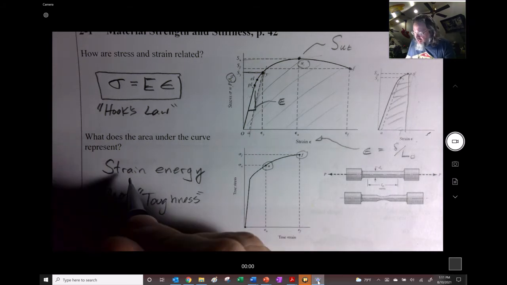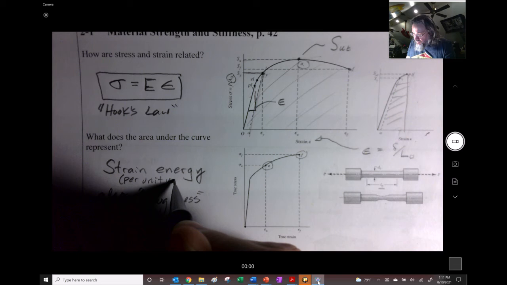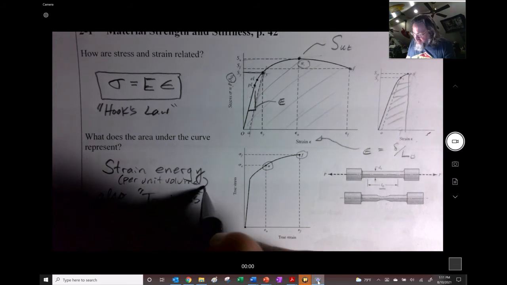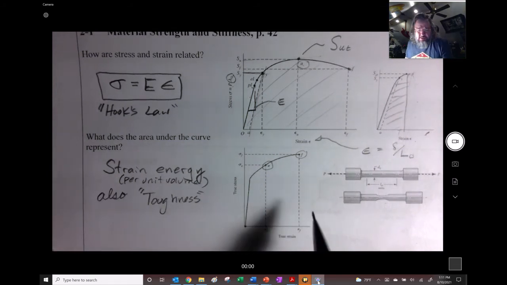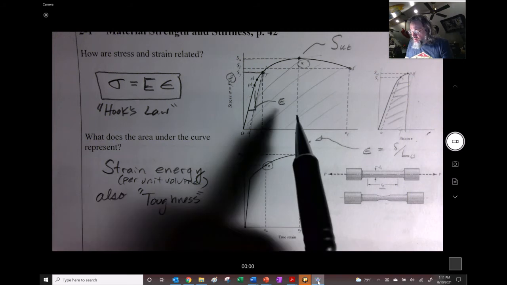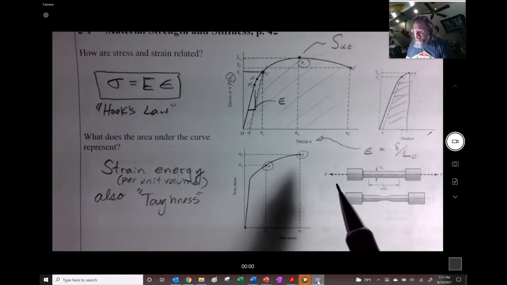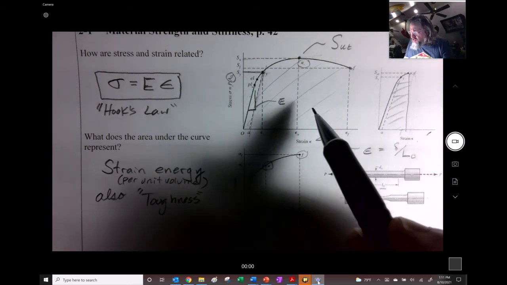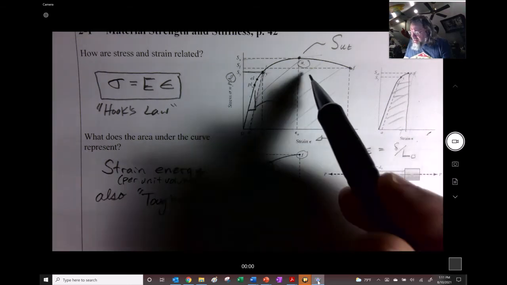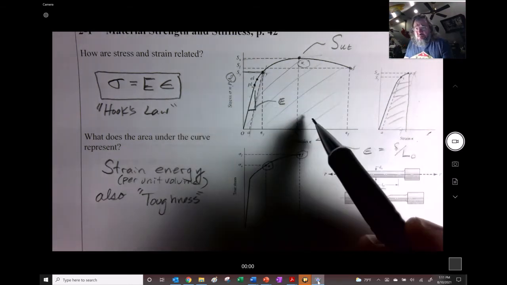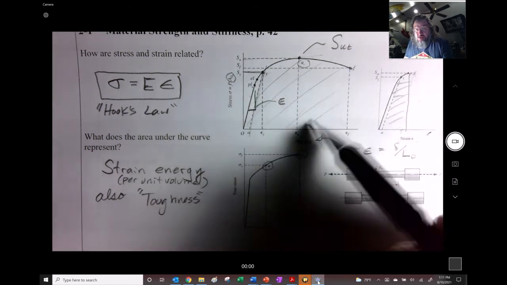And by the way, it's strain energy per unit volume. And if you worked out the units, and I think we might do that at some point, work out what the units are of that area underneath the thing, just to give you a sense of what that actually means.